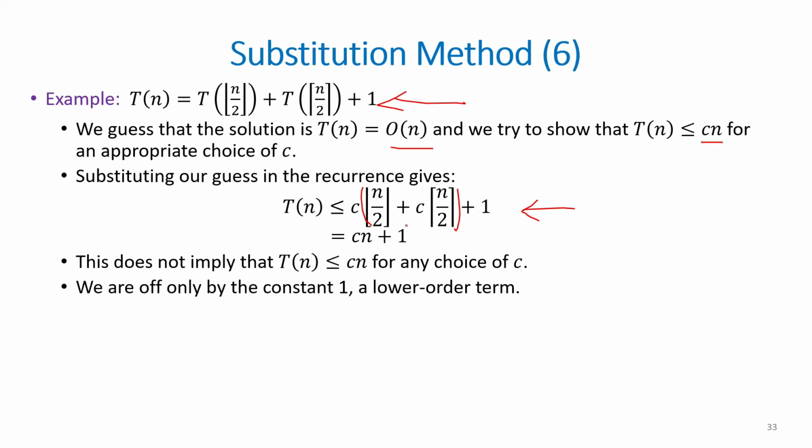Over here, we notice that we have an extra term. And we cannot remove this term because there is no subtraction. There is an addition operation. So the solution is not the same as we expected.